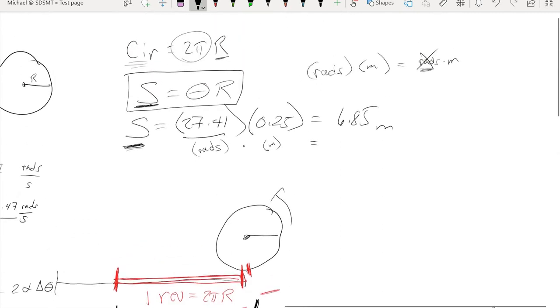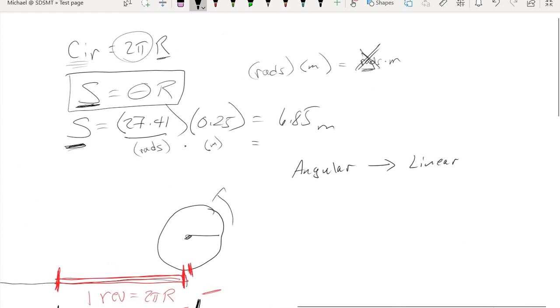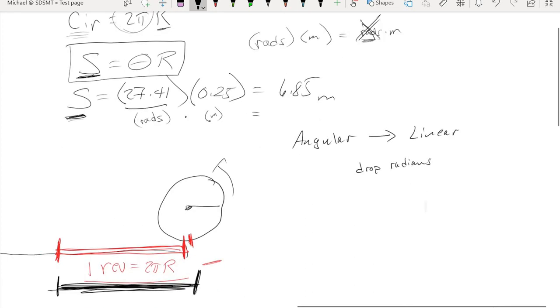So I realize it's kind of a hand-wavy thing, but when we convert from angular units to linear units, we drop the radians. But if we are going to convert from a linear unit to an angular unit, we have to add the radians.